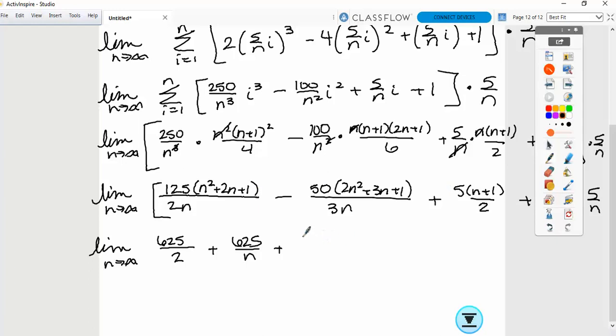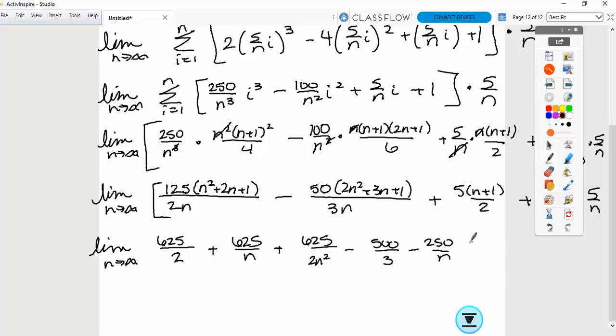There's still an n on the bottom from this one. 125 times 5, 2n times n. Alright, this one, 50 times 2 times 5. n squared over n squared cancels. Minus 50.